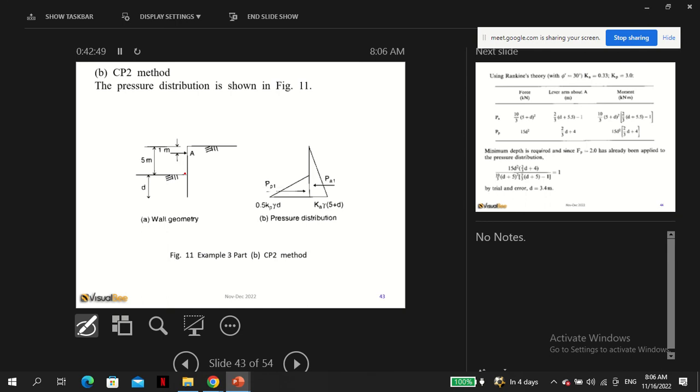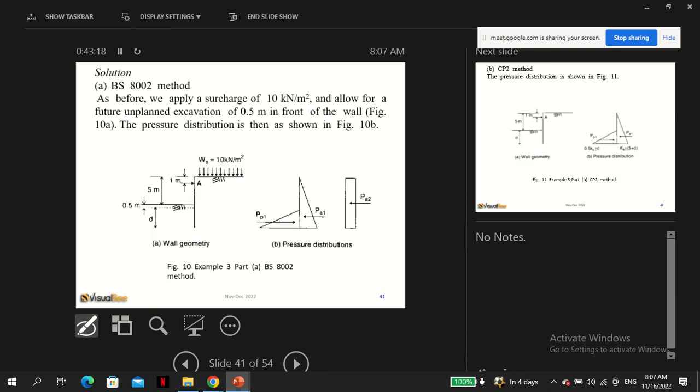So here, you know that this is Kp. You should know that Kp times gamma times h. Also know that in the Rowe method, this one is divided by 2, but this is not okay. I'm reminding you here, this one.